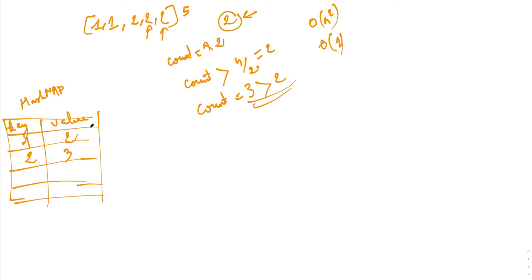Or the moment we add a 1, we can check if the new value will be greater than n divided by 2. And I think it's better this way. So the time complexity for this algorithm would be O(n), because now we will have only 1 loop here. But the space complexity this time would be O(n).